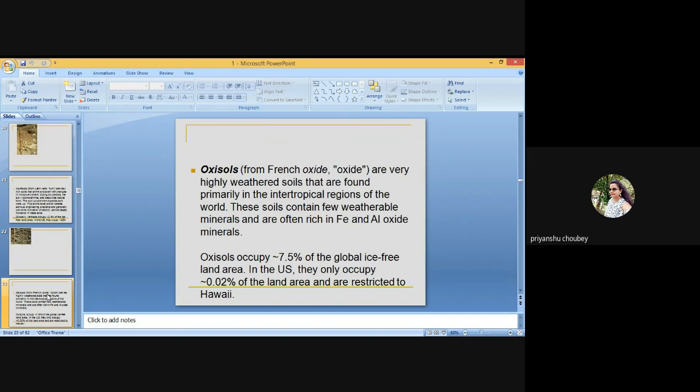Not reported in India. Oxisols from the French word oxide are very highly weathered soils found primarily in the intertropical region of the world. These soils contain few weatherable minerals and are often rich in iron and aluminum oxides. Oxisols occupy 7.5% of the global ice-free land area.